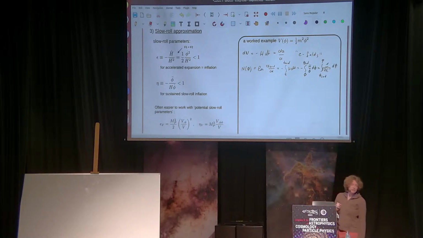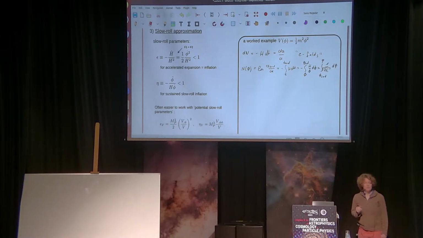Okay, and now, I told you that with this accelerated phase of expansion, we can solve the flatness and horizon problems. Of course, we need a sufficient amount of accelerated expansion to do it. If we have some very short period, it will simply not be enough to do the job.